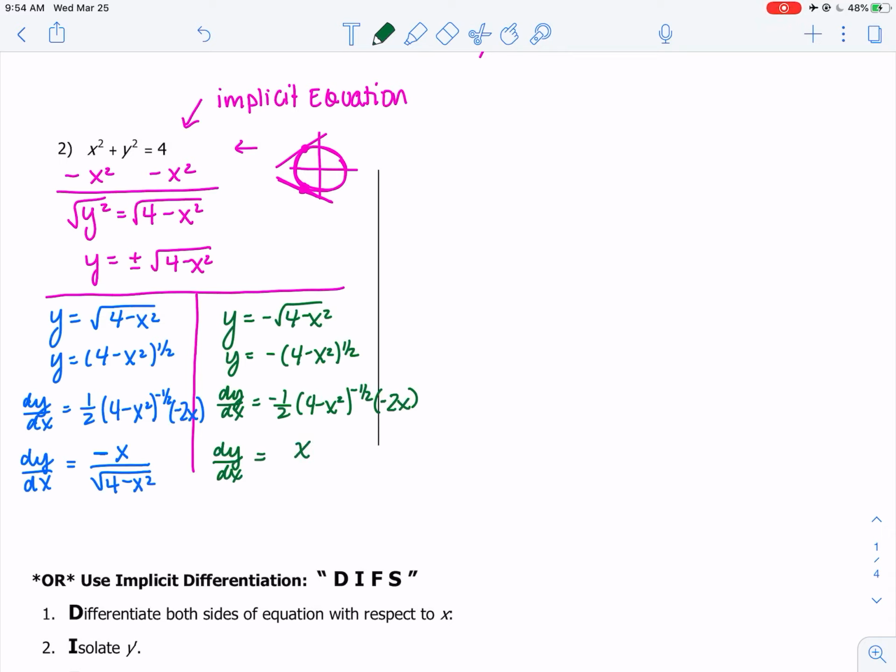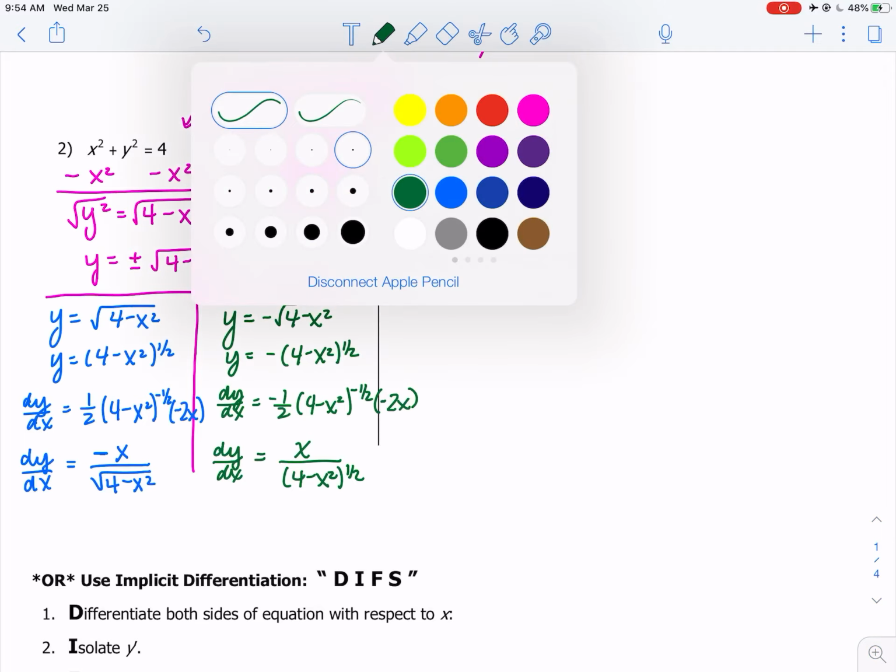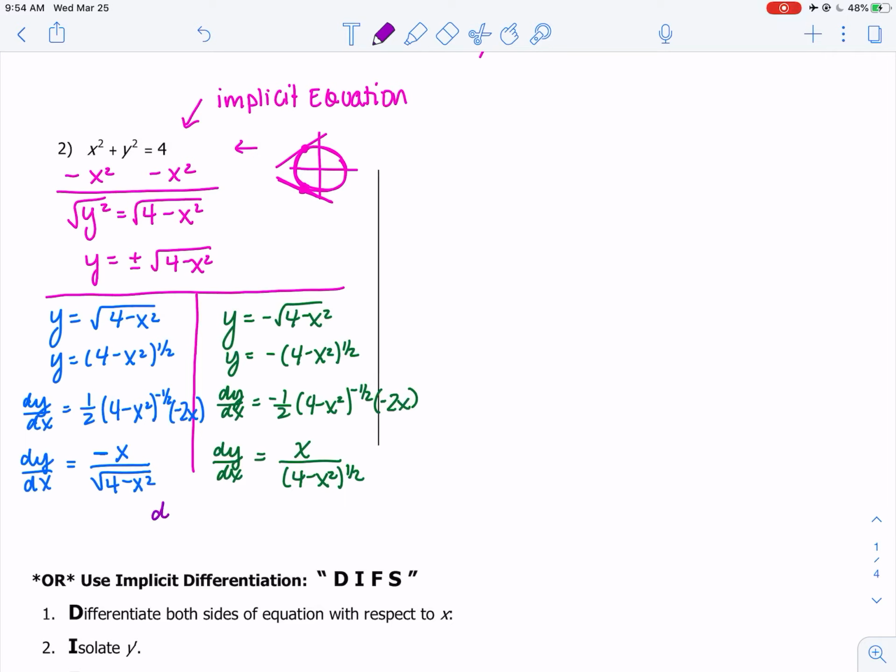We have our x left on top. And again, with that negative exponent there, we can move that term down and have 4 minus x squared to the 1/2 power. Note that that will make your derivative equal to dy/dx is equal to a plus or a minus, remember, we had that plus or minus sign there, x over 4 minus x squared to the 1/2 power.